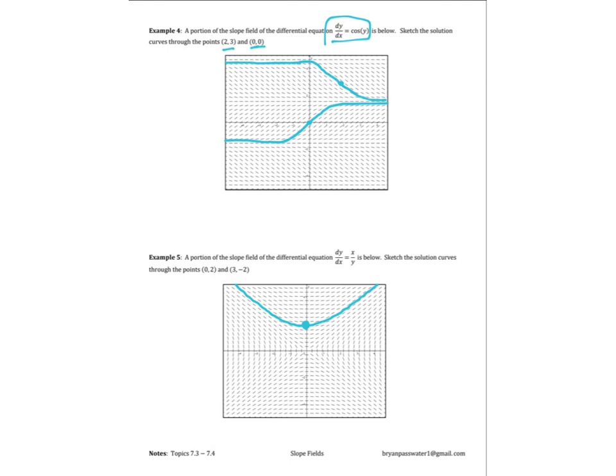Okay, so then this one goes through 1, 2, 3, comma, -2, which is going to be down in this area.